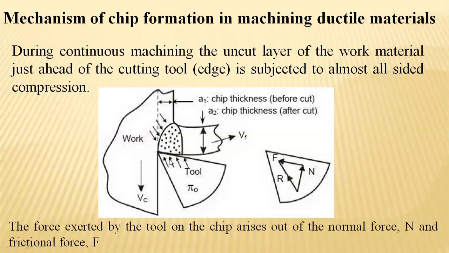So what are the different kinds of forces applied here? The forces applied by the tool are the normal forces and the frictional forces that develop, and the resultant forces generated by both.